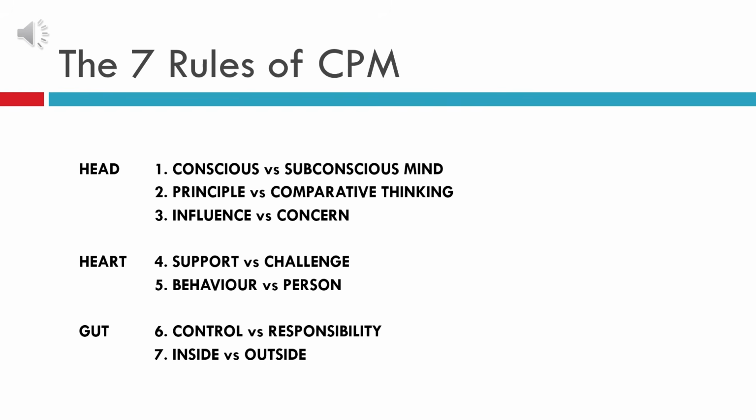The second rule relates to principle thinking and comparative thinking. Comparative thinking by the conscious mind includes logic. By comparing this and that, it's part of the comparative predictive cycle we go through. But it always needs to be guided by principles.